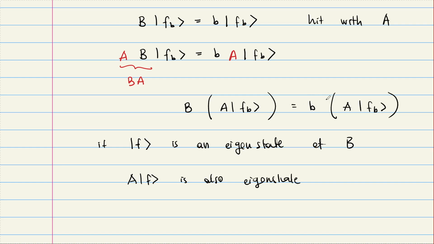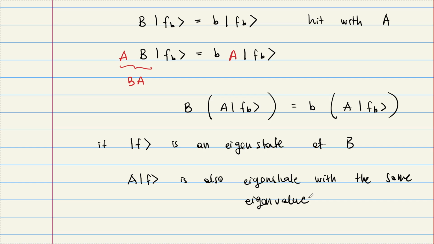And you can see it is an eigenstate, right? So look at this blob and this blob. It's an eigenstate of B with the same eigenvalue.